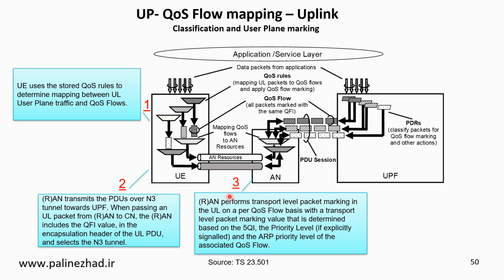In the third step, RAN performs transport level packet marking in uplink on a per QoS flow basis with the transport level packet marking value. And this transport level packet marking value is the 5QI, the priority level, and ARP.